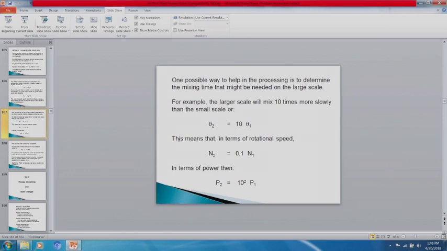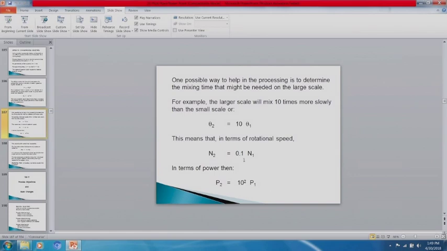And now that means N theta 2 is 1/10 of N theta 1. In other words, if small scale is at 300 RPM, the large scale would be at 30 RPM. In terms of power, you can run it, because small scale perhaps runs at 3 horsepower, and at scale 2 it will run at 300 horsepower.